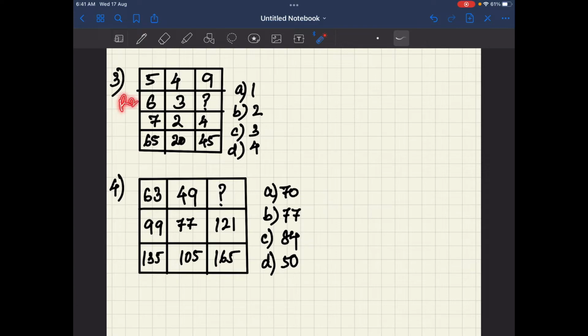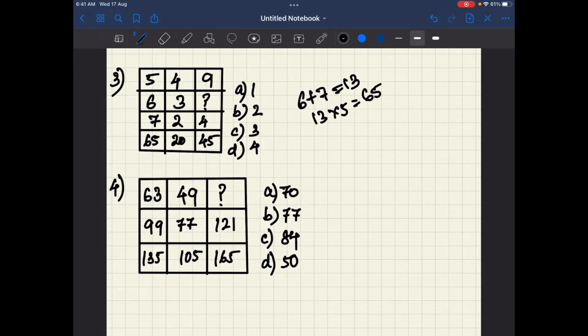Sorry, row 2 and row 3 are getting added with each other and multiplied with the first row. So it is row 2 plus row 3 into row 1. So we can write here 6 plus 7 equals 13, 13 into 5 equals 65.